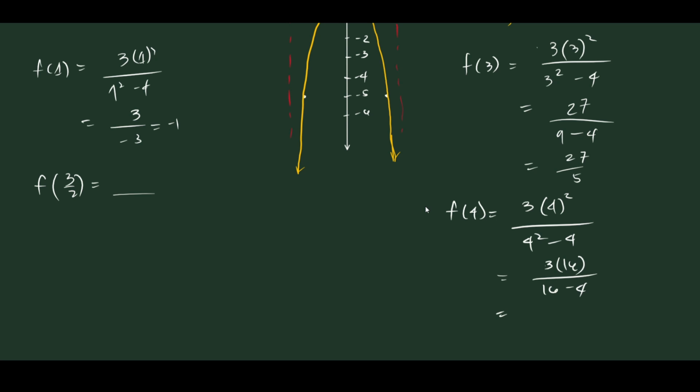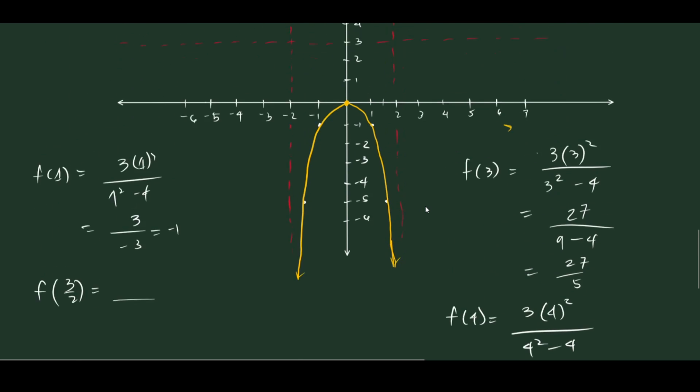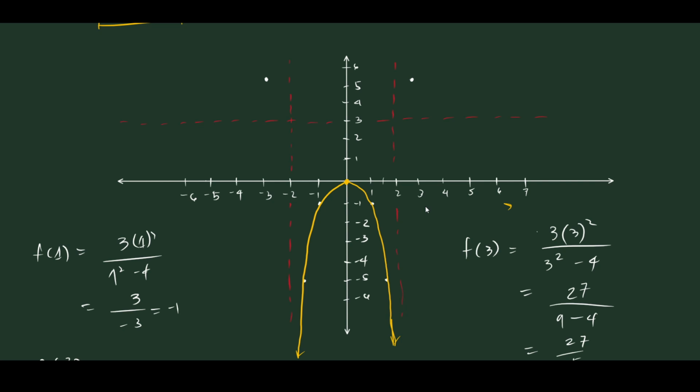So this would be 16 times 3, that would be 48, right? 48 divided by 16 minus 4, that's 12. So this just equals 4. Okay, so we have a 4. We get another 4 right here.